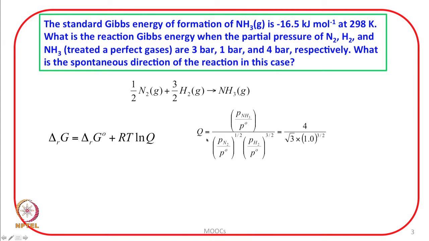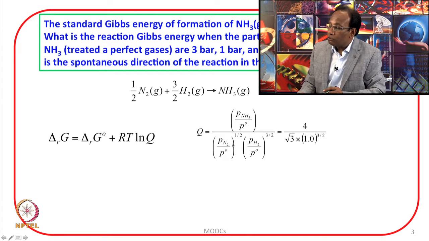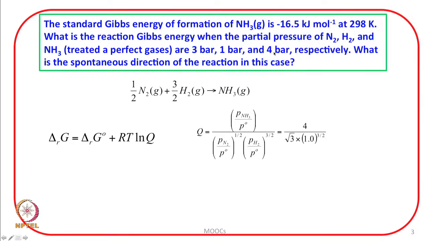We defined Q as P by P naught of ammonia divided by P by P naught of nitrogen raised to the power 1 by 2, into P by P naught of hydrogen raised to the power 3 by 2. You substitute the numbers: the given partial pressures are, for ammonia 4, for nitrogen 3, and for hydrogen 1.